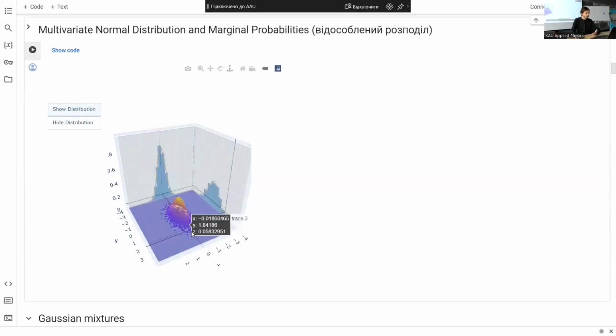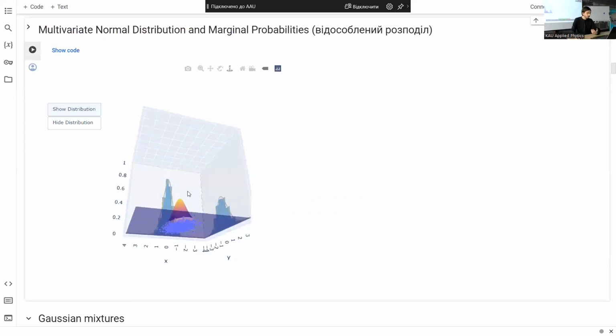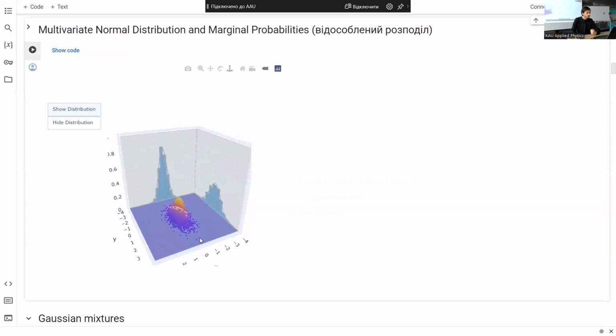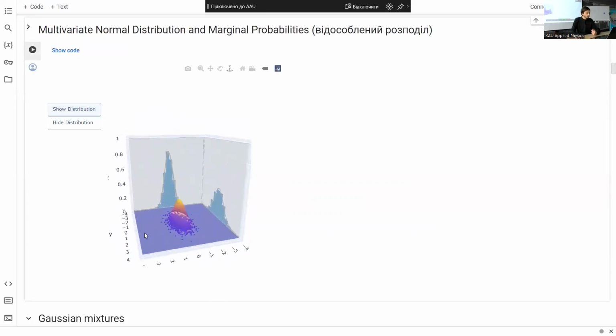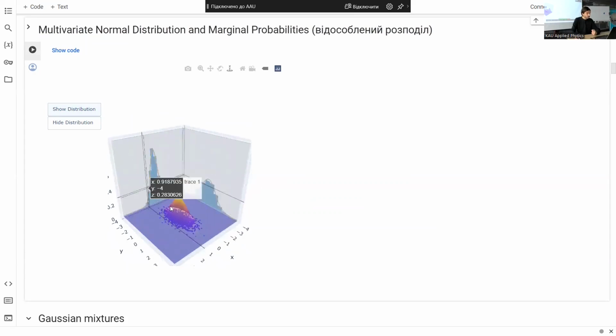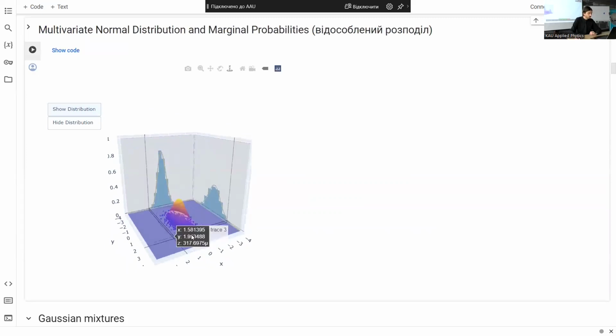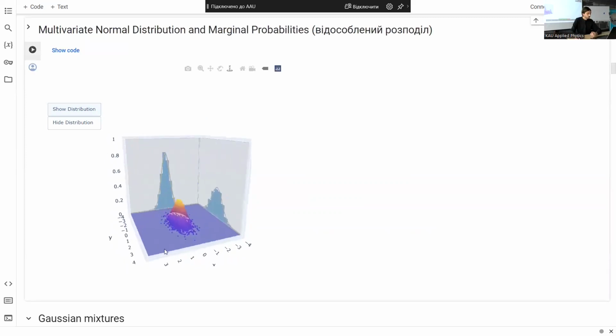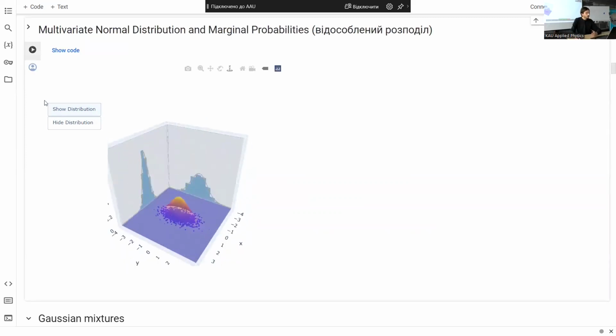So I take these points, and you can think about them like I'm making them fall on that plane in there, and then I draw a histogram in that plane, and that will be my marginal distribution. So that's what I have.